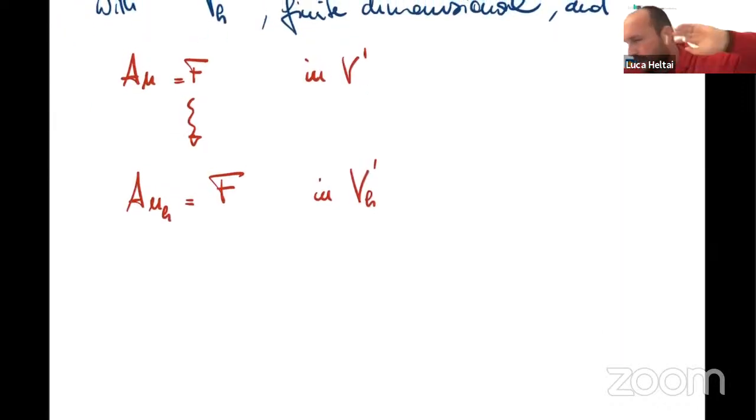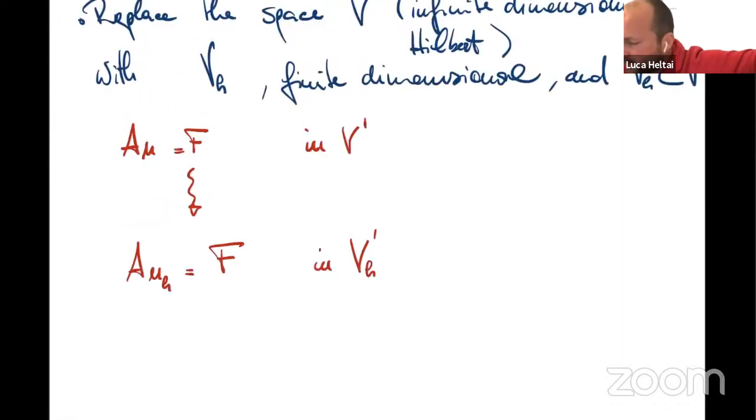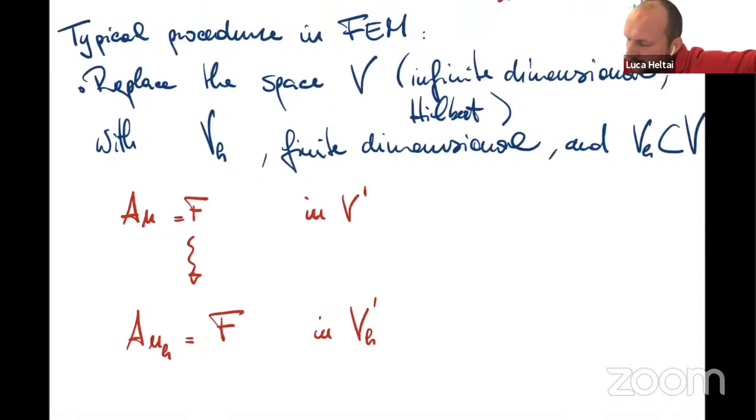So this passage is usually written in the following way, right? So the fact that VH is finite dimensional implies that we can express the space VH as a linear combination of linearly independent basis functions, and the number of basis functions depends on the dimension of the finite dimensional space.